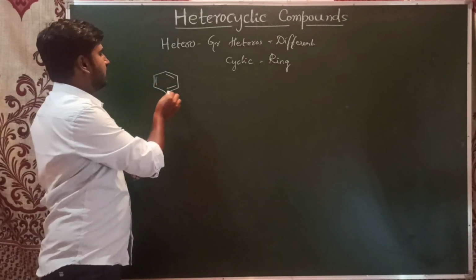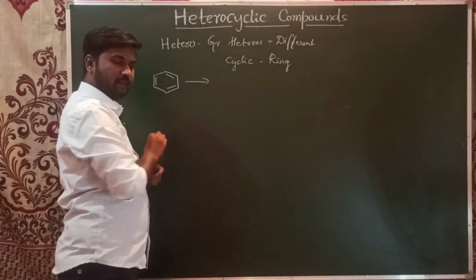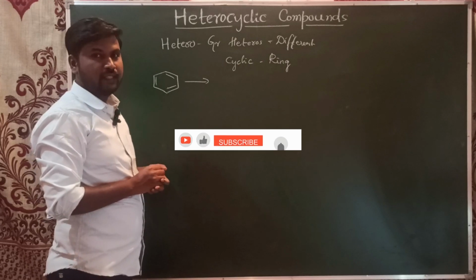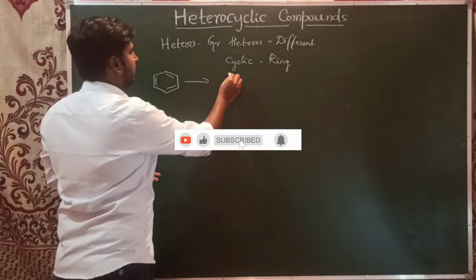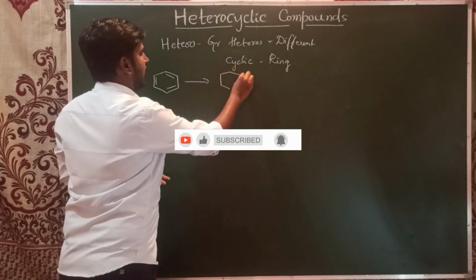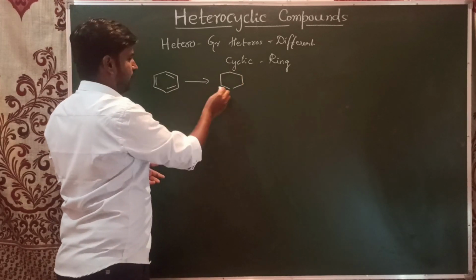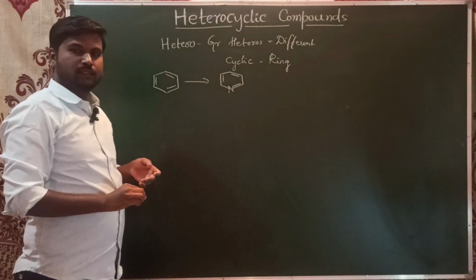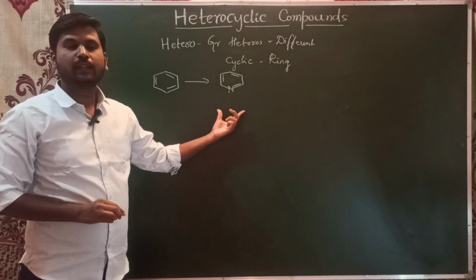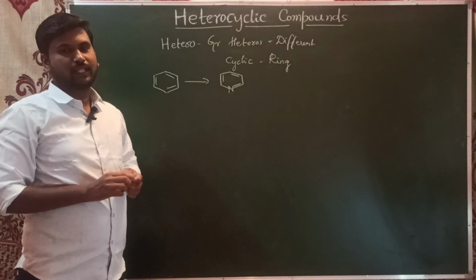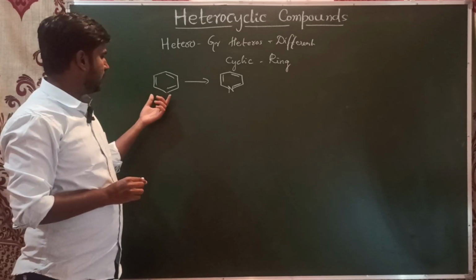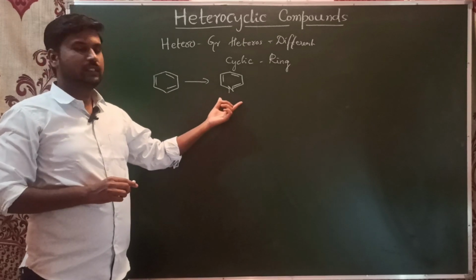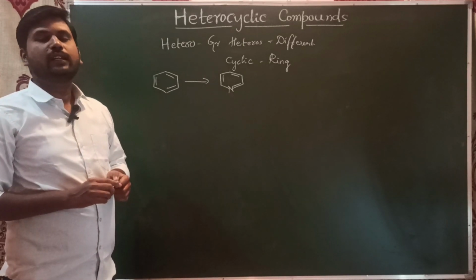In this case, if one of the carbon atoms in the ring is replaced by any other element other than carbon, for example, if I replace this carbon with nitrogen, such a compound now becomes a heterocyclic compound.